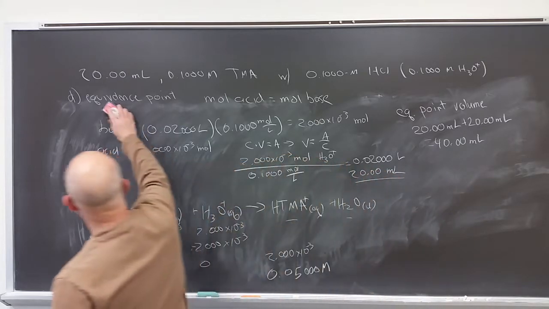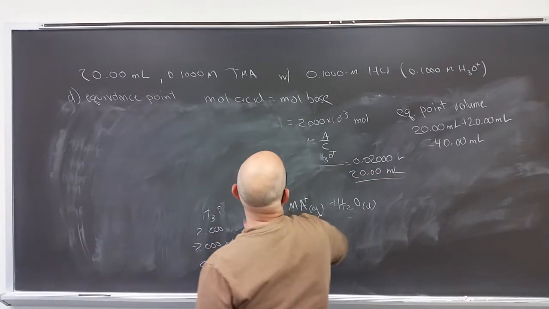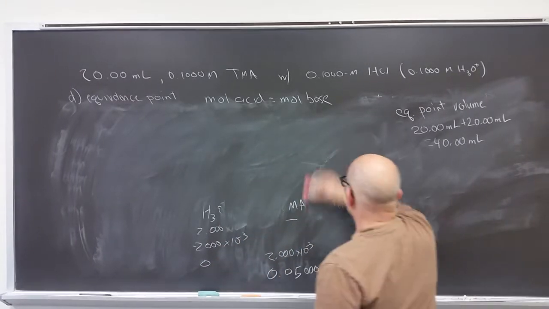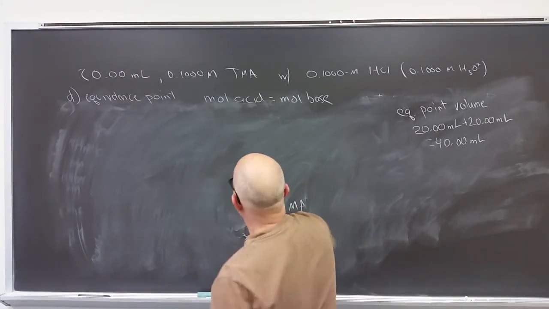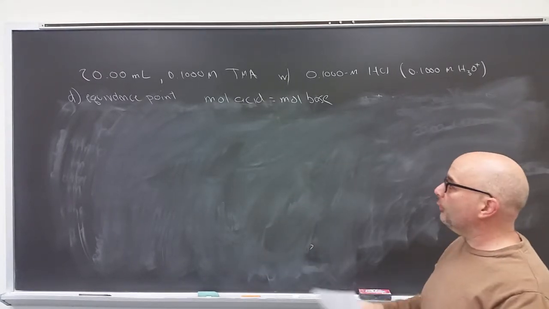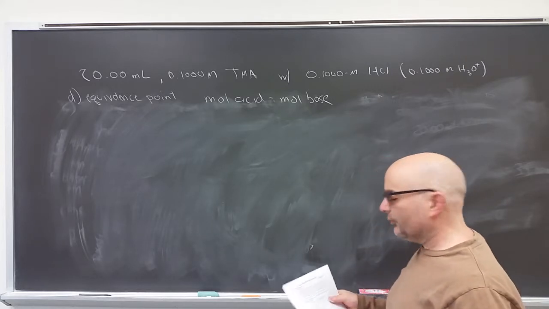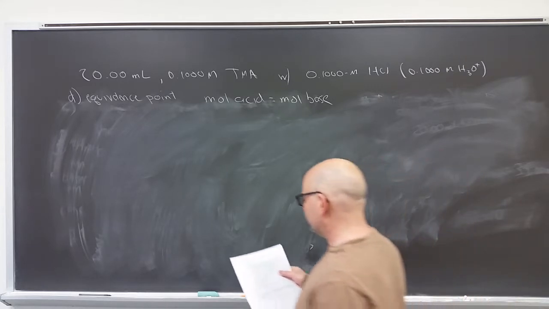So let's do that. At the equivalence point, the trimethylammonium is really the only species there that's appreciably acidic or basic, so it's going to largely determine what the solution pH is.